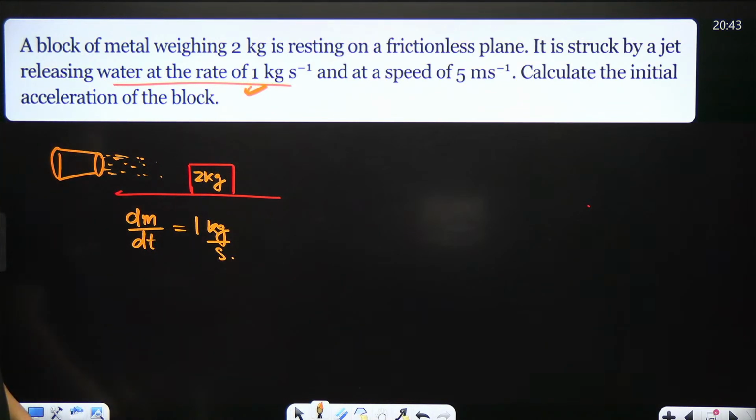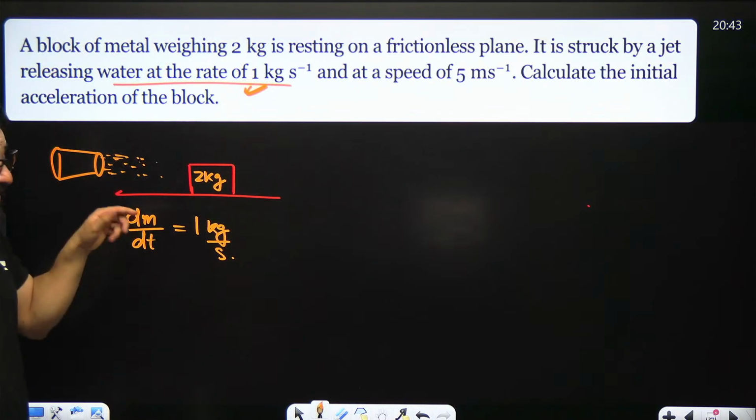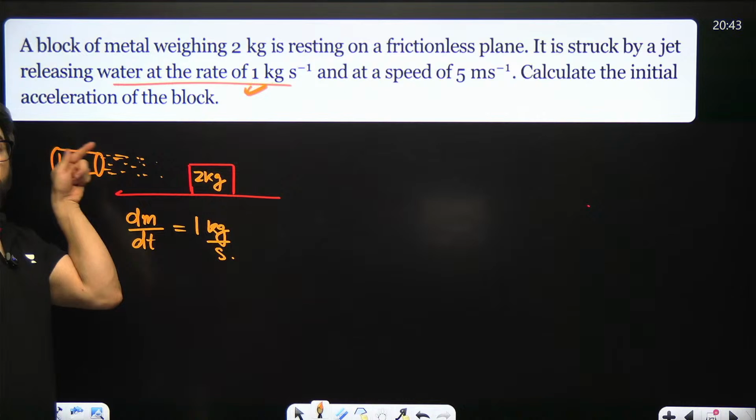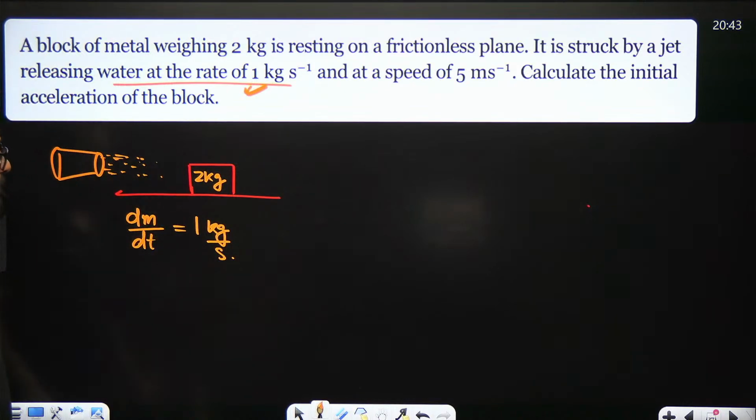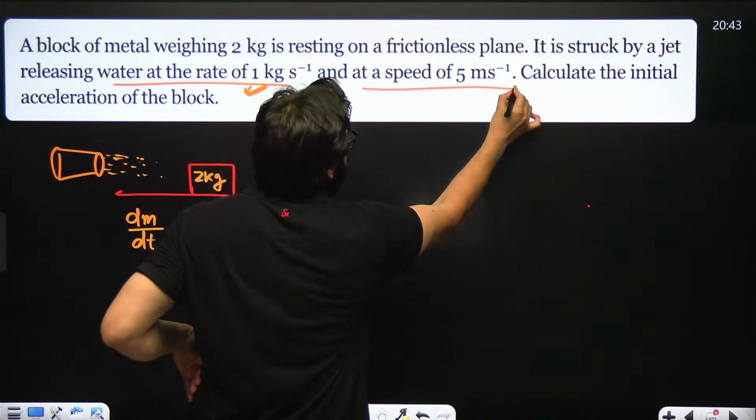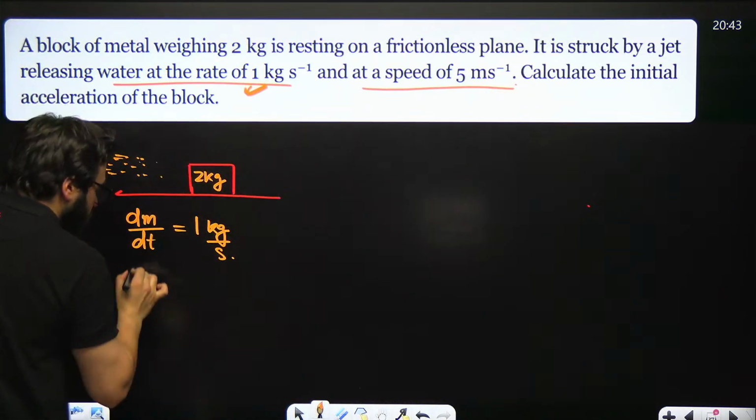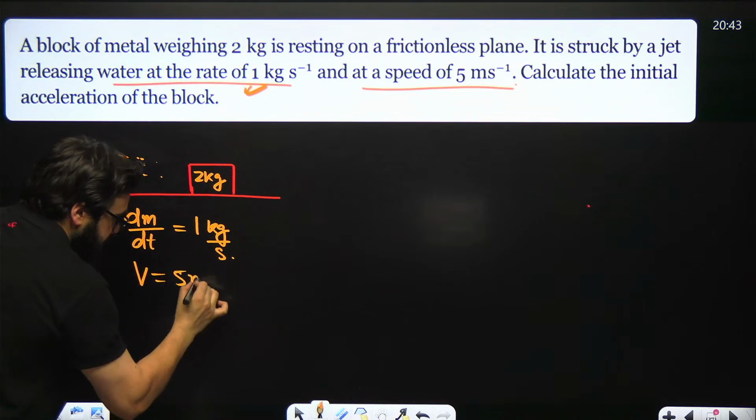Every second it is throwing 1 kg of water, and at a speed of 5 meter per second.